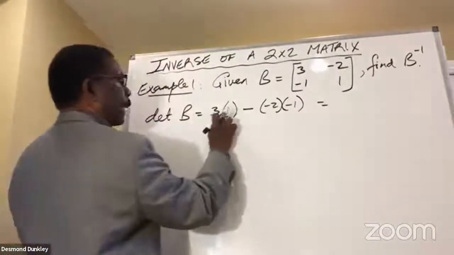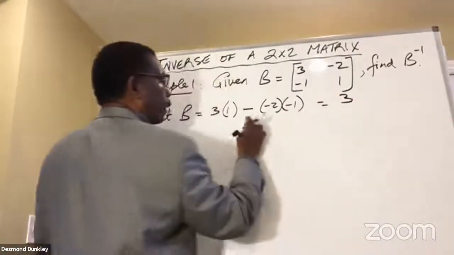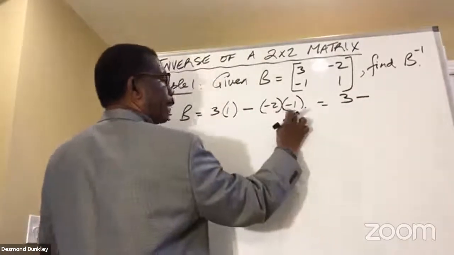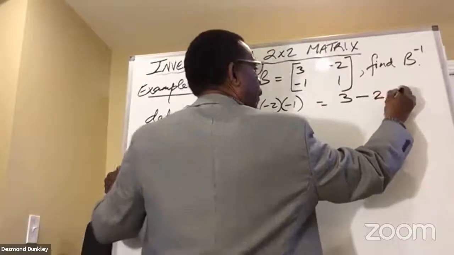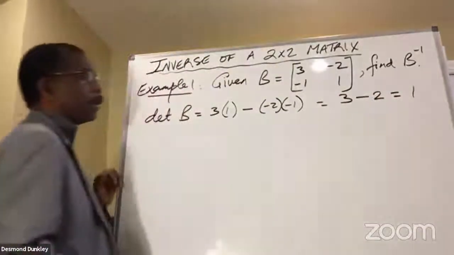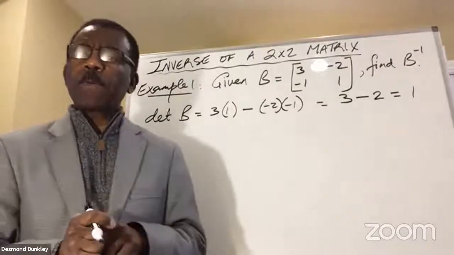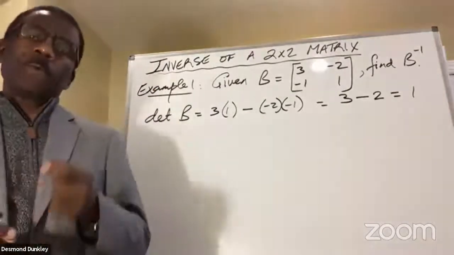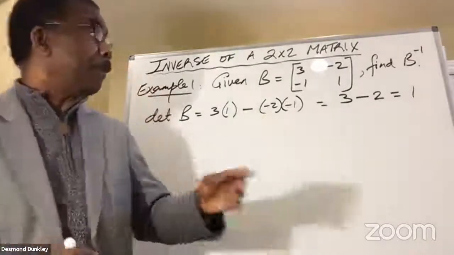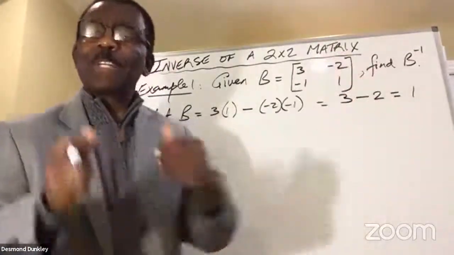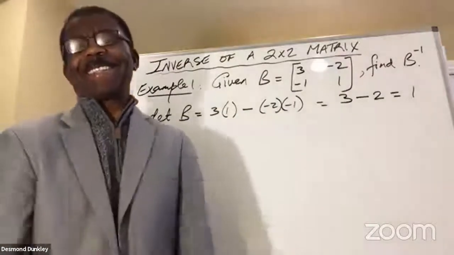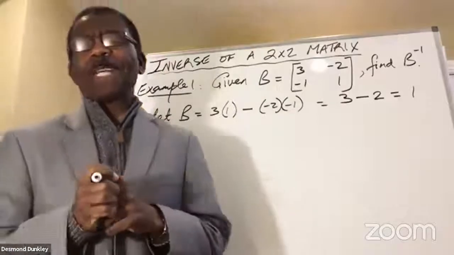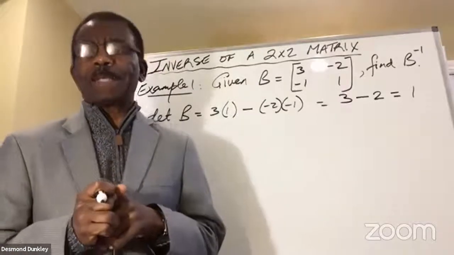That's equal to 3 times 1 is 3, minus negative 2 times negative 1 is 2. So that gives us a determinant of 1. So now we know the determinant is 1. We can conclude that the inverse matrix B to the minus 1 does exist. Okay, the inverse exists. So we can go to the next step.